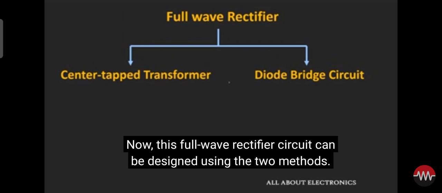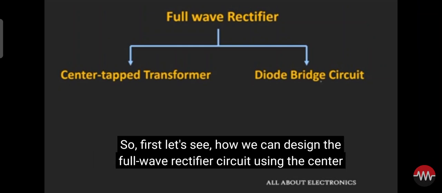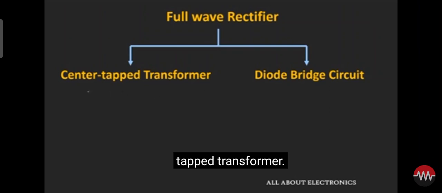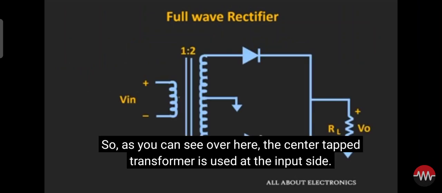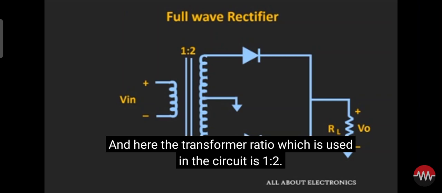Now this full wave rectifier circuit can be designed using two methods. The first is using the center tap transformer and the second method is using the diode bridge circuit. So first let us see how we can design the full wave rectifier circuit using the center tap transformer. As you can see over here, the center tap transformer is used at the input side, because the center of this secondary winding is grounded, and the transformer ratio used in the circuit is 1:2.